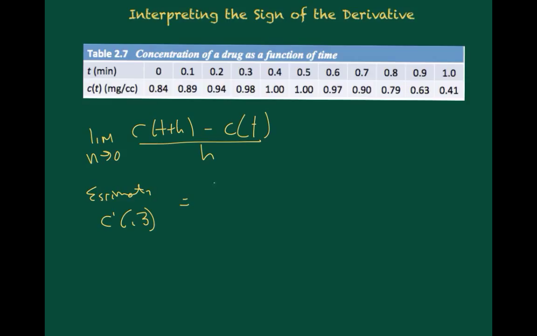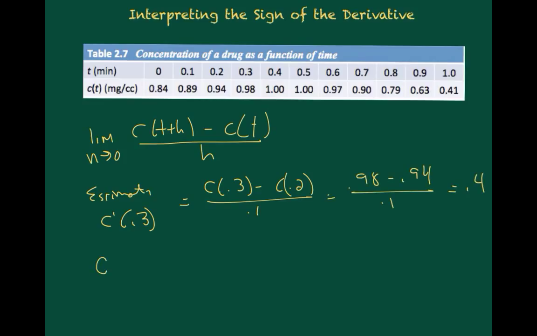One would be to say c of 0.3 minus c of 0.2 divided by 0.1. And when we did that, we would get 0.4. But another way to have done it would have been to have used c of 0.3 minus c of 0.4 divided by negative 0.1.